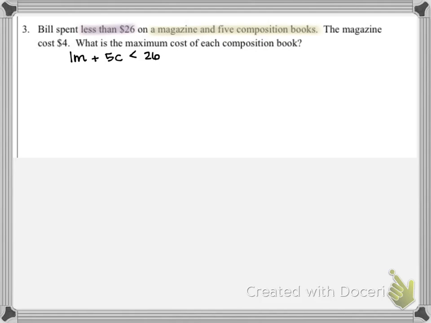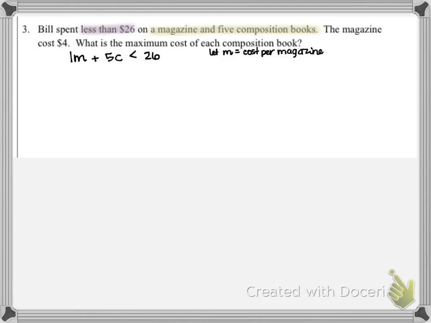So that's my inequality, but I do need to identify my variables. So I'm going to let M equal the number of magazines. Or excuse me, that is not true. This is the cost per magazine. We already know that he already bought 1.